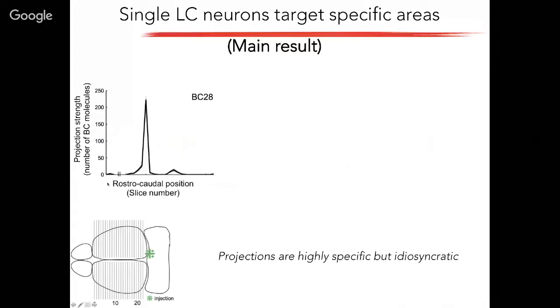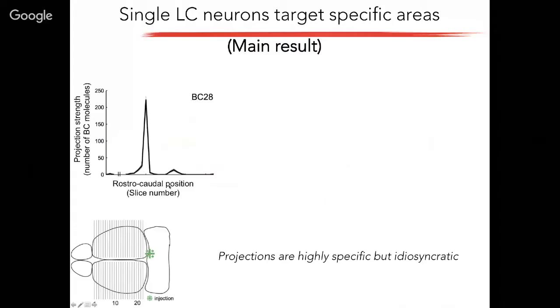So here is the profile, the spatial profile of projections for barcode 28, which corresponds to neuron 28. The projection strength is measured in barcode molecules, which we quantify carefully through sequencing. And the x-axis shown here is the rostrocaudal position from those slices.